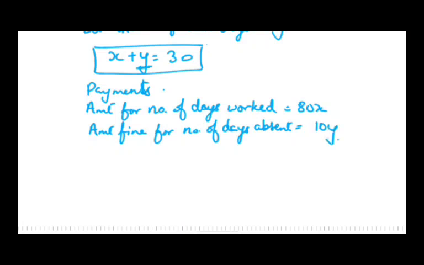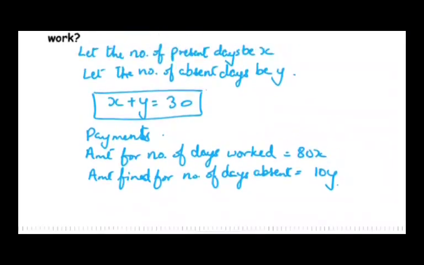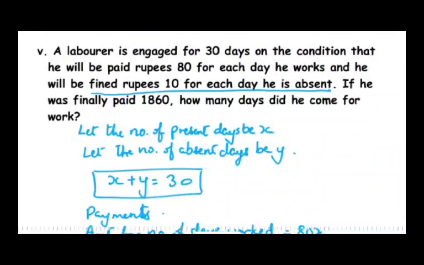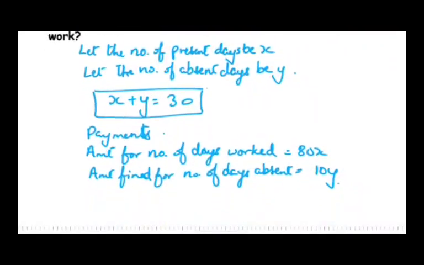Why we've taken y, children, is for the absenteeism. Alright, fine. Now if he was finally paid 1860, how many days did he come for?